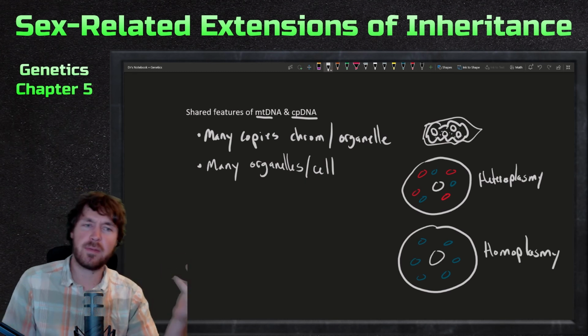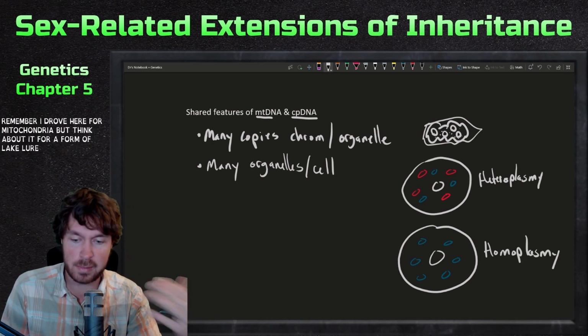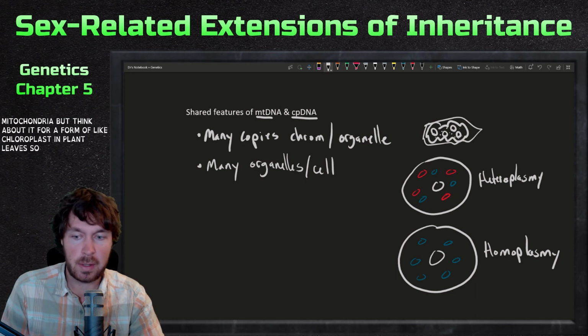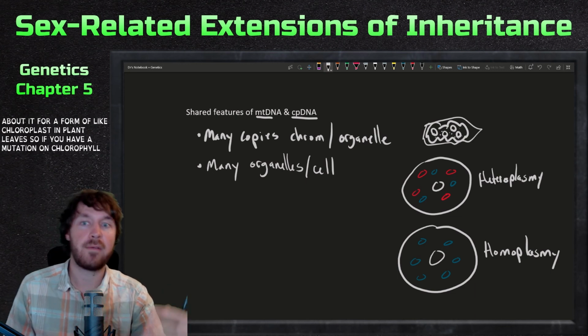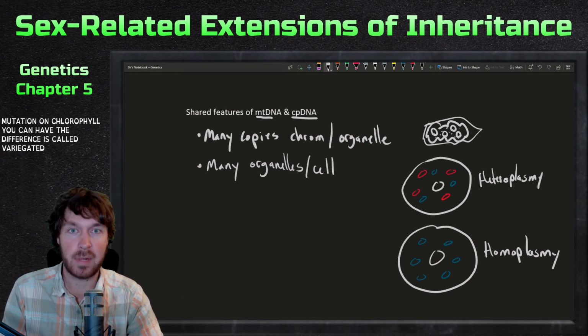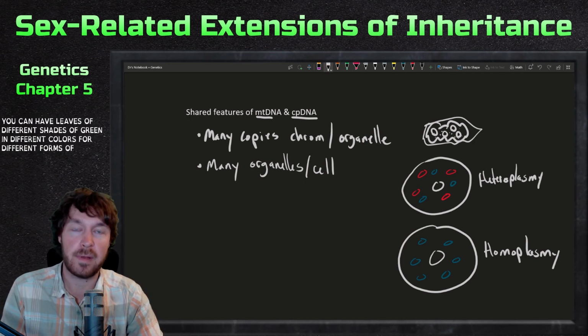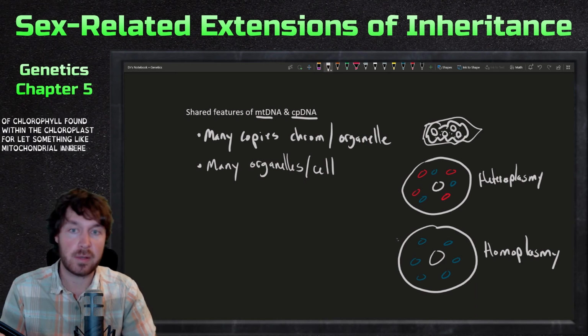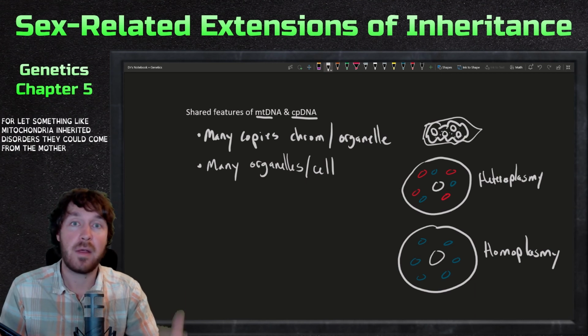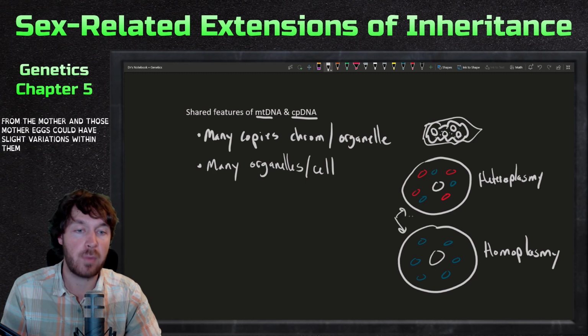So what does all this mean? I drew it here for mitochondria, but think about it for chloroplasts in plant leaves. If you have a mutation in chlorophyll, it's called variegated in plants. So you can have leaves of different shades of green and different colors for different forms of chlorophyll found within the chloroplasts. But for mitochondrial inherited disorders, they could come from the mother, and those eggs could have slight variations within them as well.